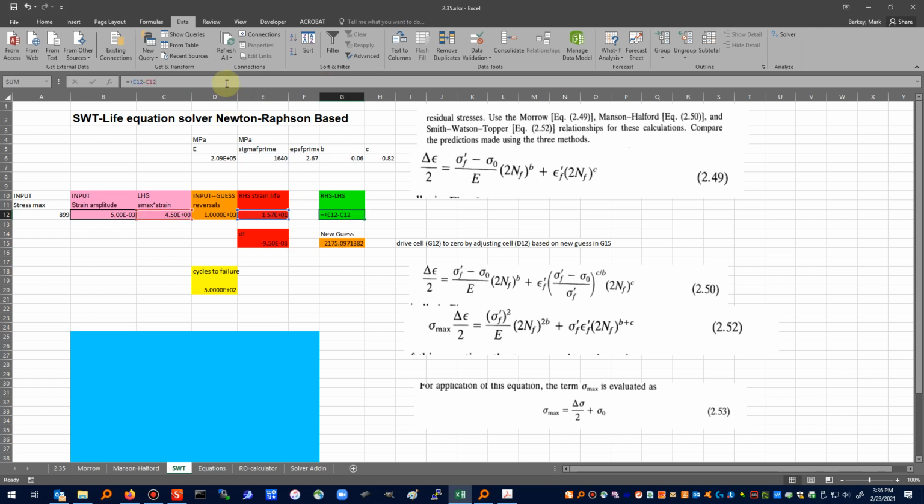Here is my right-hand side, my left-hand side, and my new guess is based on this cell: the guess here minus this cell over the derivative. So I'm adjusting this. And again, you don't have to use the Newton-Raphson technique necessarily. I want to emphasize this because it's something that you may end up programming in if you're using Fortran or C or whatever that doesn't have a built-in root solver.